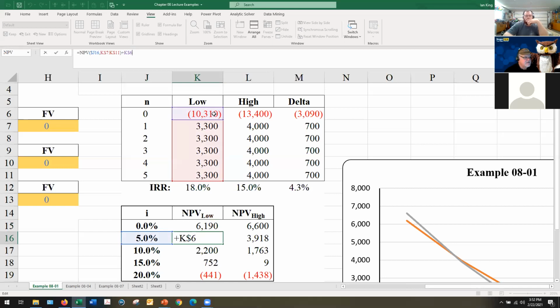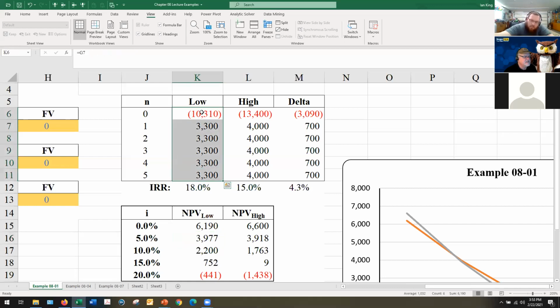Same minus 10,310 at year one, same $3,300 to give me this. As we expect, as the interest rate goes up, the net present value goes down because we're charging a higher cost of money. The higher the cost, the lower the net present value, all things being equal. And in this case, all things are equal because it's the same cash flows, different interest rates.